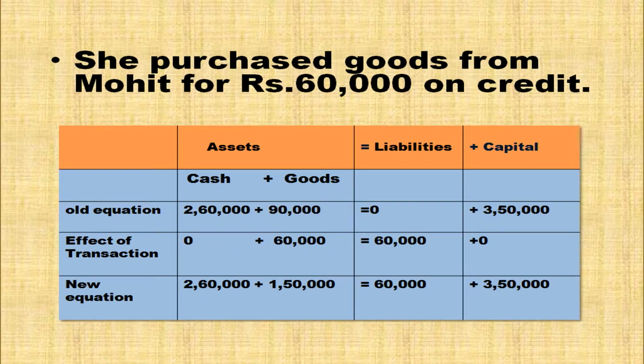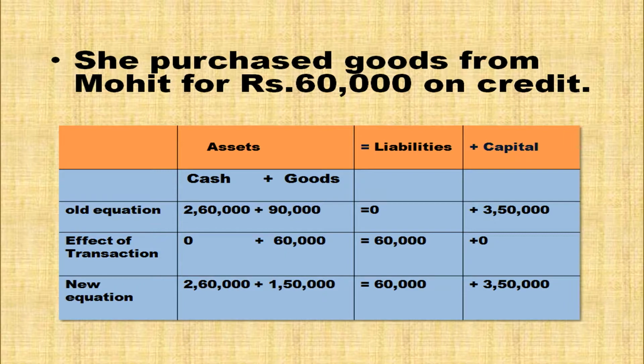Purchased goods from Mohit for rupees 60,000 on credit. It is a credit transaction. So, goods are coming inside the business. Under assets you have already opened a column for goods, so in the goods column you have to add 60,000. Here creditors increased, so under liabilities you can open a column for creditors and add 60,000.